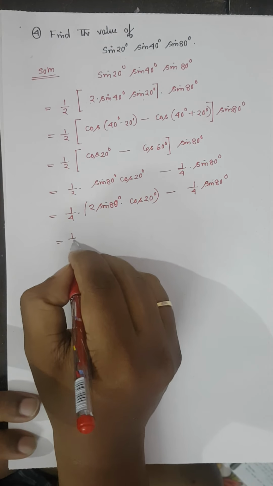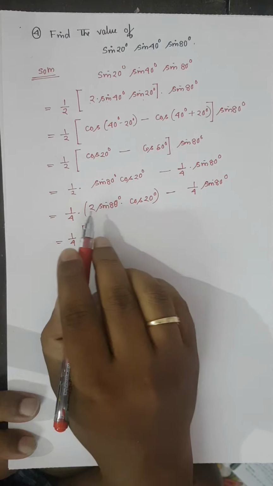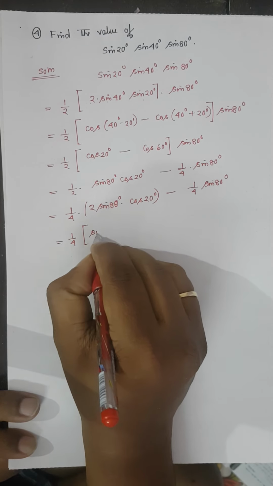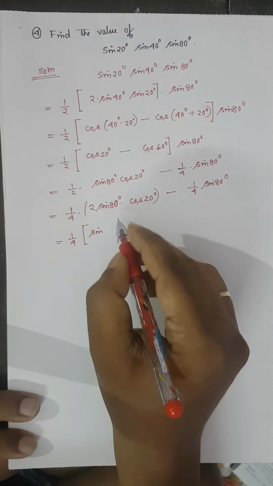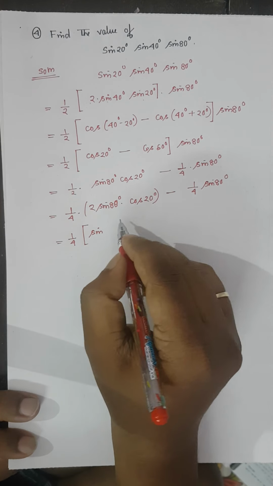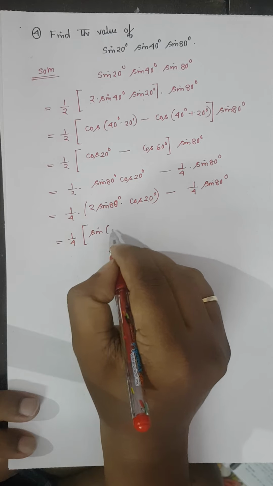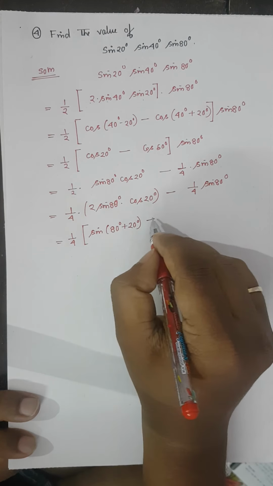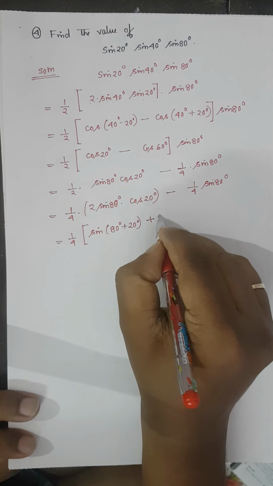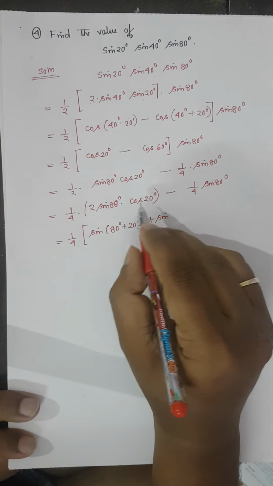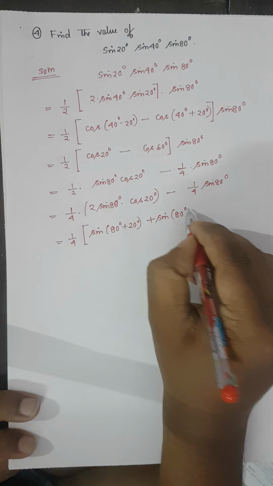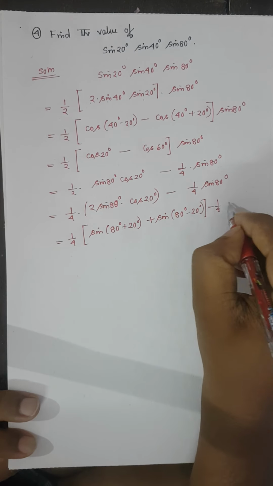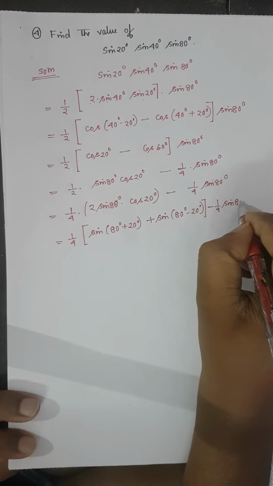Now the formula of twice sine A cos B is equal to sine A plus B plus sine A minus B. So this is sine of 80 degree plus 20 degree plus sine of 80 degree minus 20 degree, minus 1/4 of sine 80 degree.